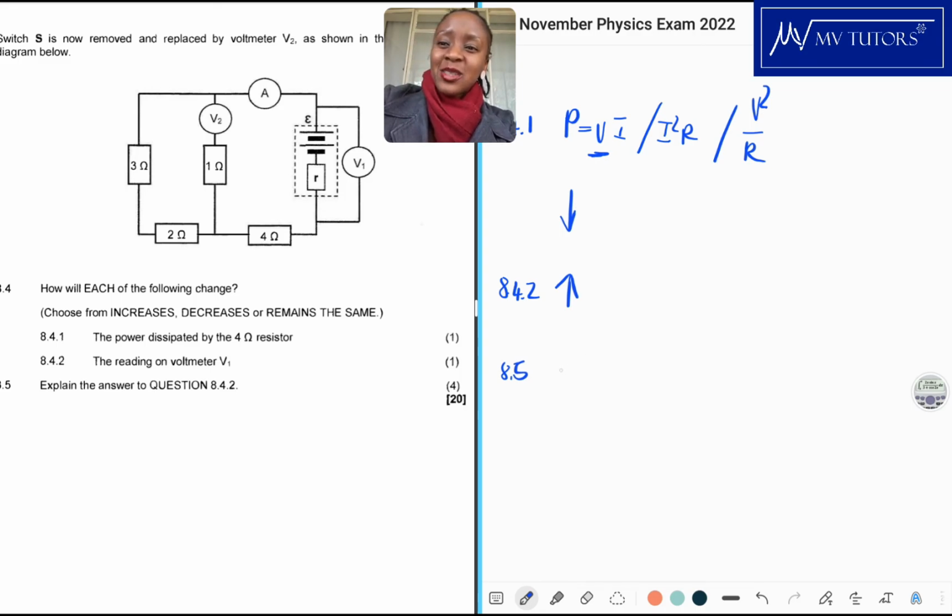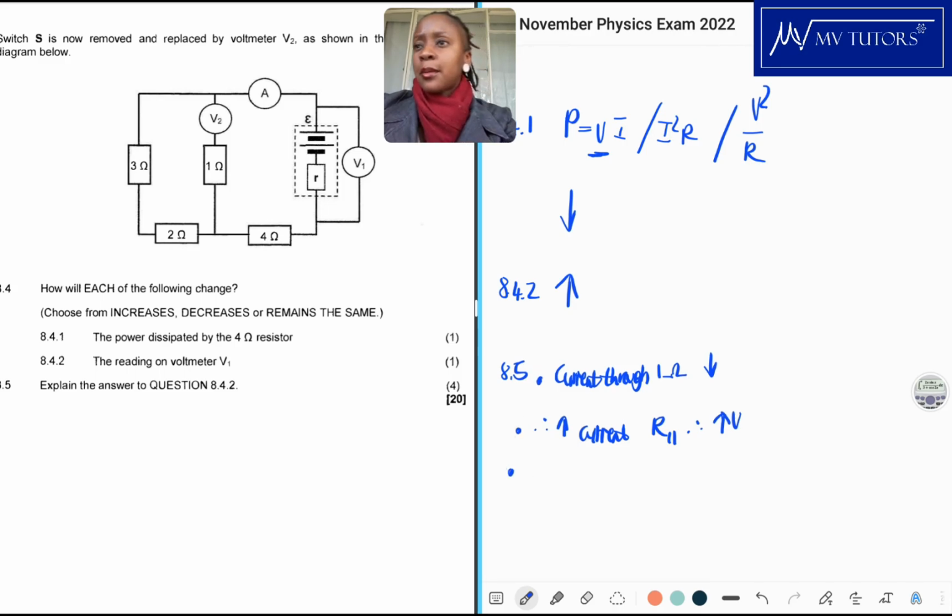So the current through resistor 1 is quite low, it's negligible. Therefore you have an increased current through the parallel resistors. Therefore the voltage there increases. And then what else did I say?